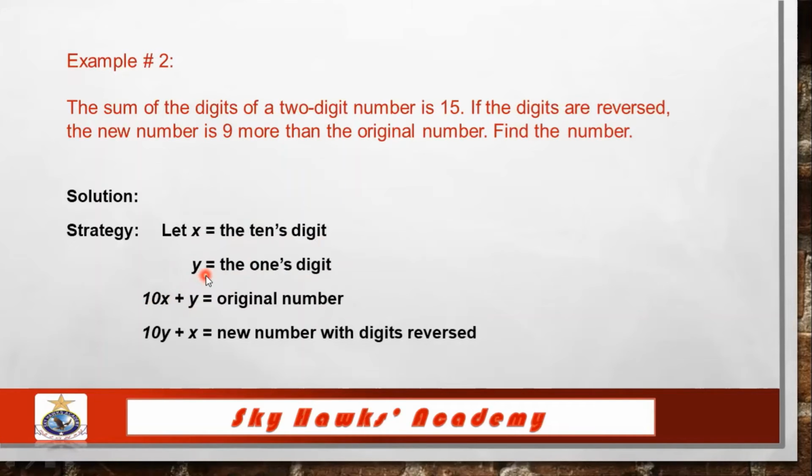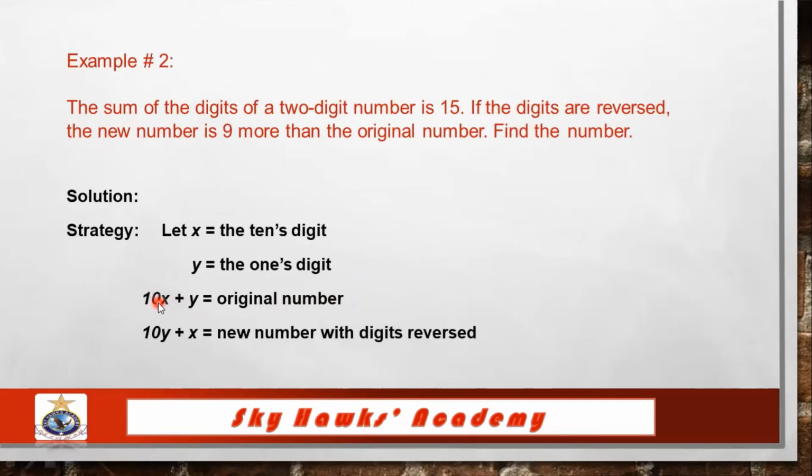And this digit is all alone, the unit digit, so that is coming over here as it is. If we add these two, we will get the original number. But we don't know what the number is. We are looking for that number.